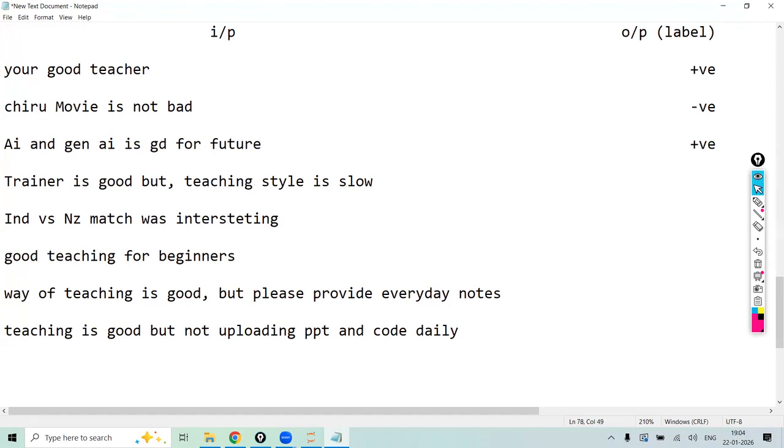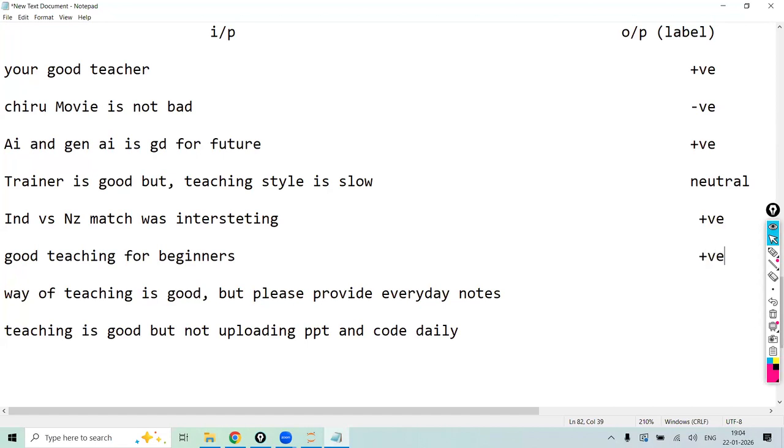Here, let us take this one as a neutral category. And today's India New Zealand match was interesting. Again, let us take this one as positive. And good for this one is also positive. And please provide the everyday notes, so I'm considering this one as neutral.